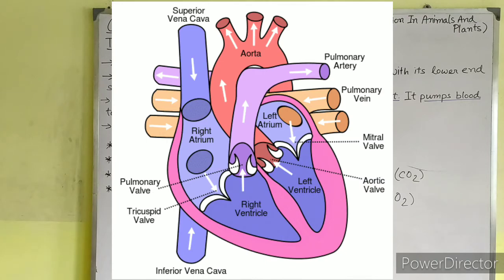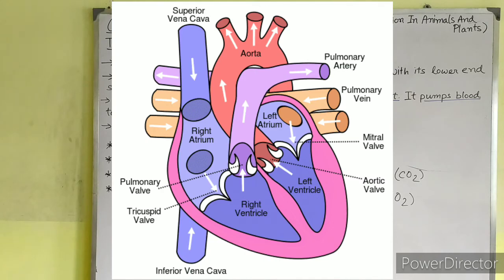When the right atrium is full of blood and it contracts, the tricuspid valve opens under the pressure and the blood is delivered into the right ventricle. When the right ventricle is full of blood, then the right ventricle contracts and the blood is pumped into the pulmonary trunk.